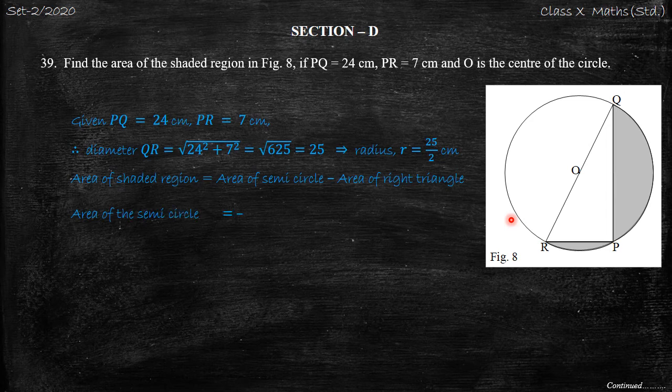So area of shaded region is equal to area of semicircle minus the area of the triangle. How to find the area of semicircle? It is half of pi r square.